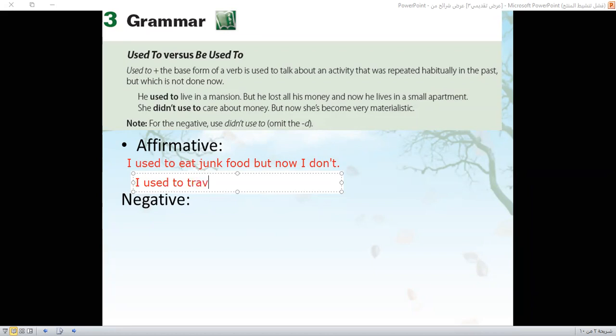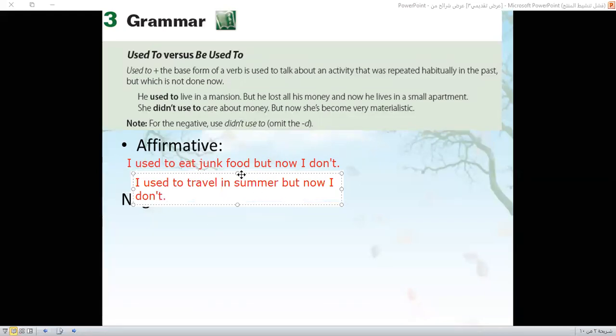The verb in the base form. Yes, very good. So I used to travel in summer. And what is the situation now? So you're going to say, but now I don't. Okay. Thank you so much.